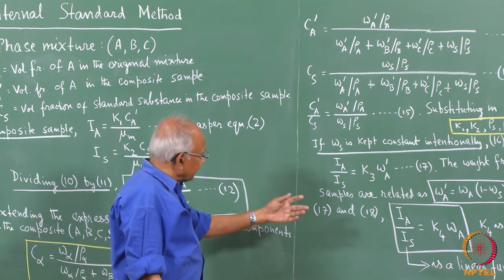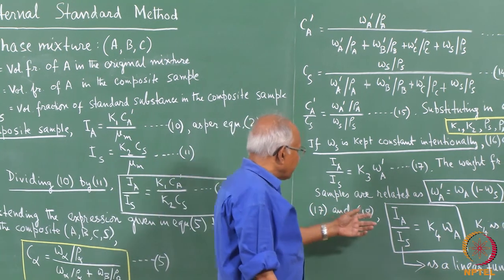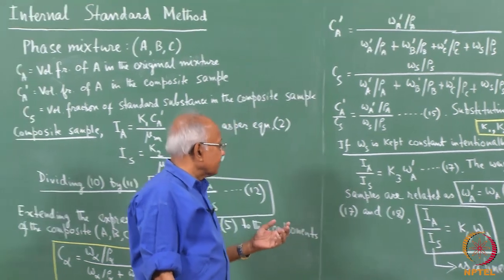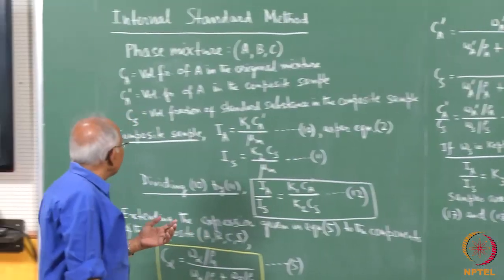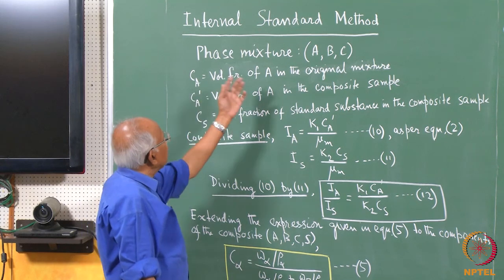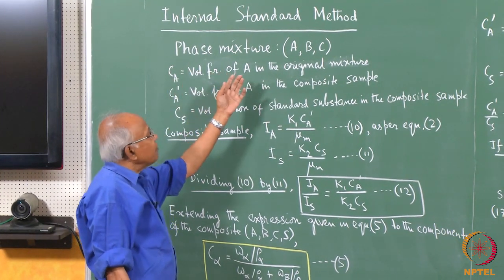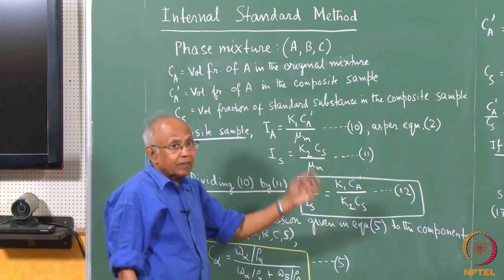So, this gives us a method by which we can find out the weight fraction of the different phases A, B and C in a phase mixture of A, B, C.